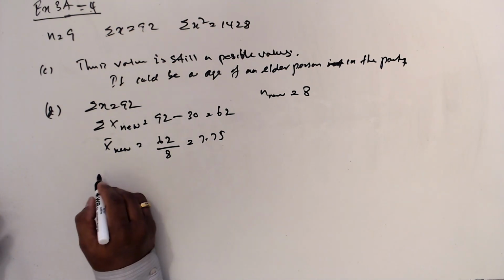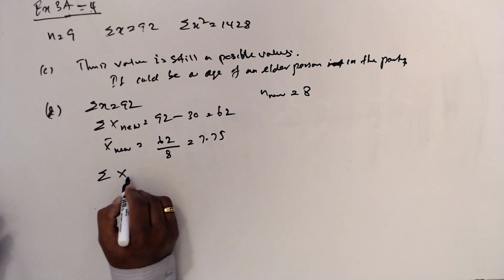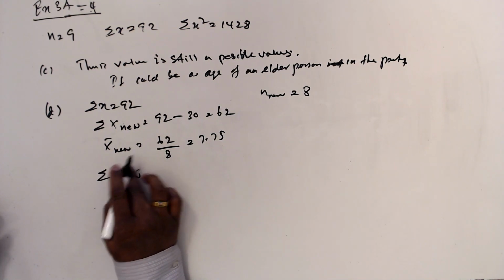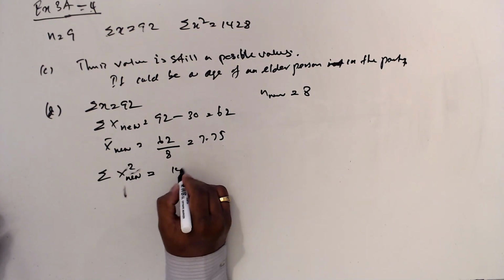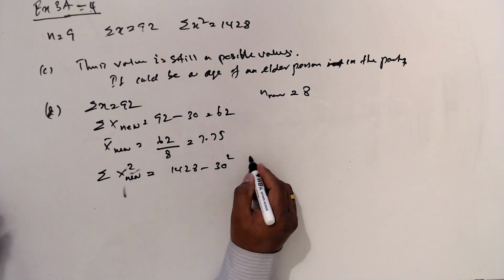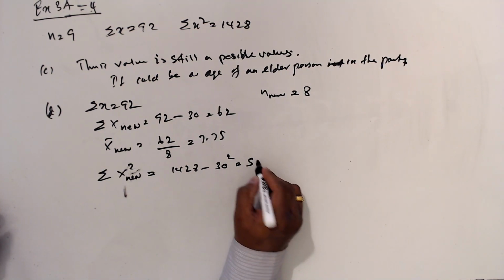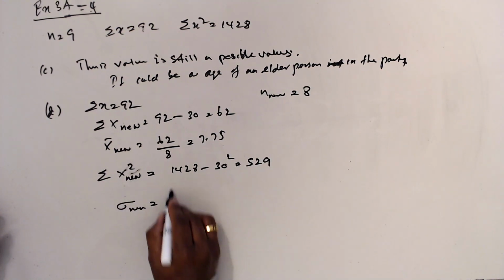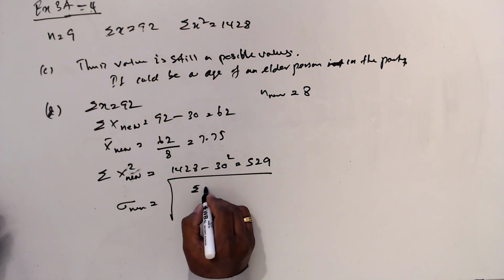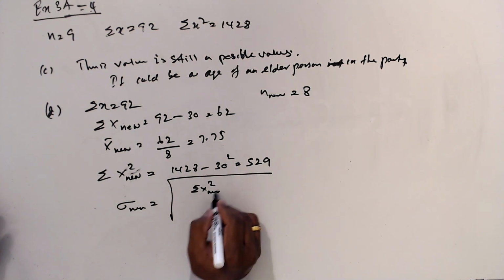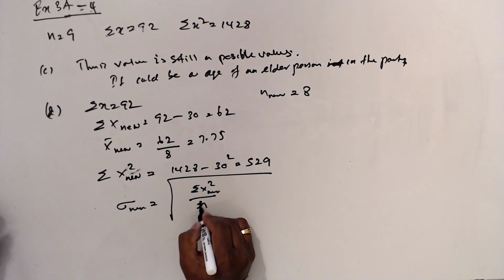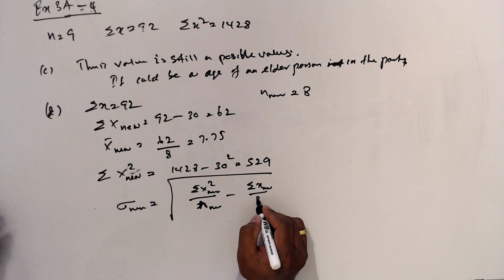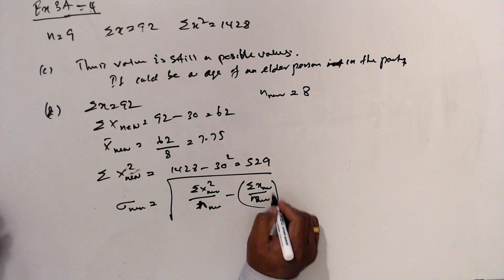Now summation x square new is 1428 minus 30 squared, which is going to be 528. Then sigma new is again summation x new square over n new minus summation x new over n new, squared.